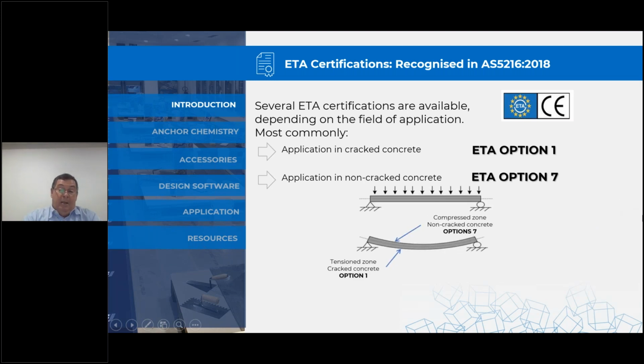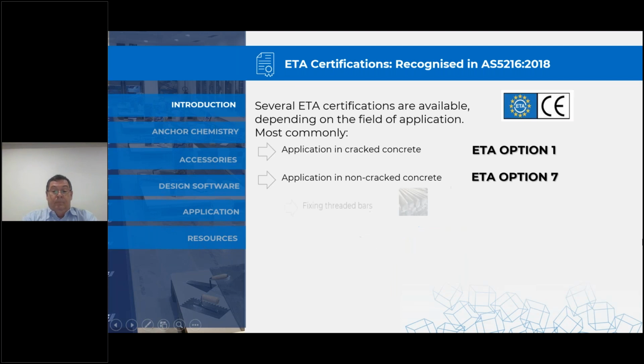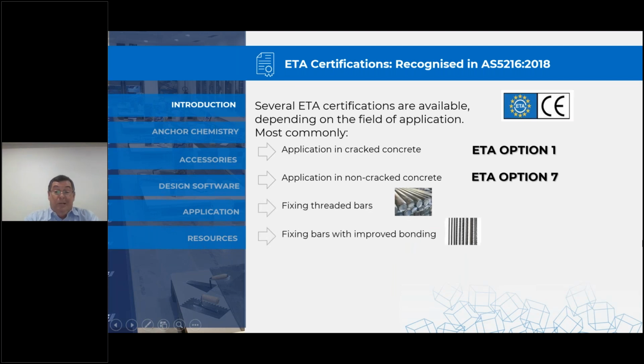To make that easier to understand, here we have the compressed zone, the non-cracked zone in a concrete element, and on the underside we have the cracked concrete. It doesn't necessarily mean there are cracks, there's a potential for them. They're also totally suitable for fixed threaded rods and also for fixed bars with improved bonding, so reinforcement rods.